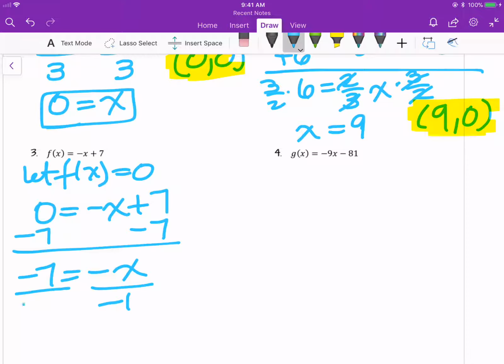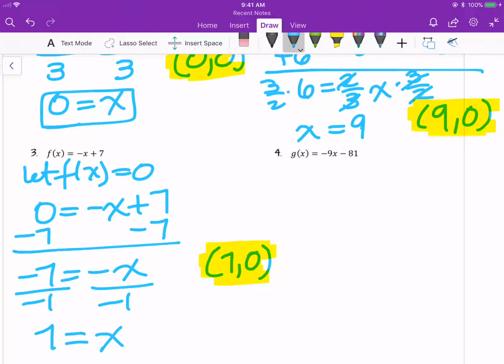I have to divide by a negative 1, so 7 is equal to x. So the resulting ordered pair is 7, 0. 7, 0 represents the x-intercept, also known as the solutions, the roots, and the zeros of the function. So I'm going to highlight that answer for you.